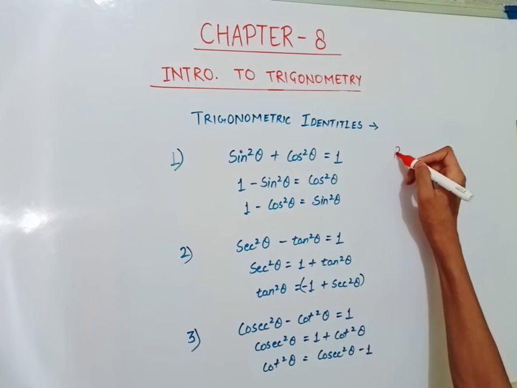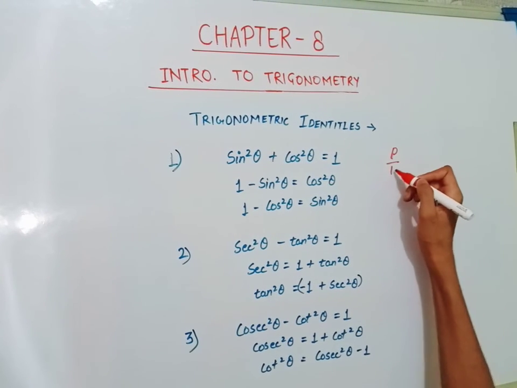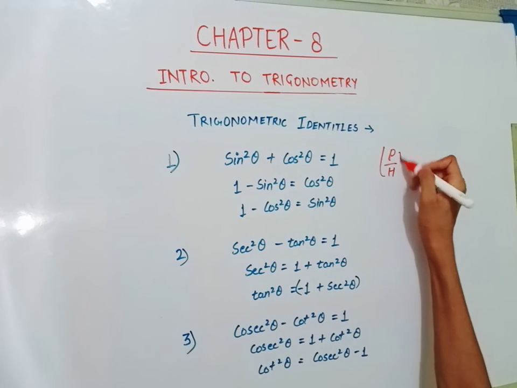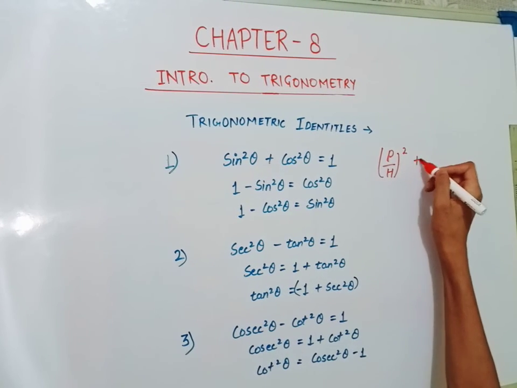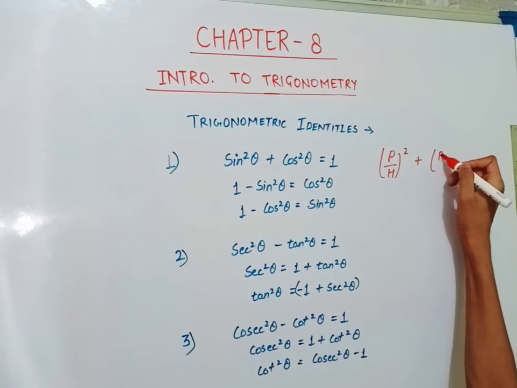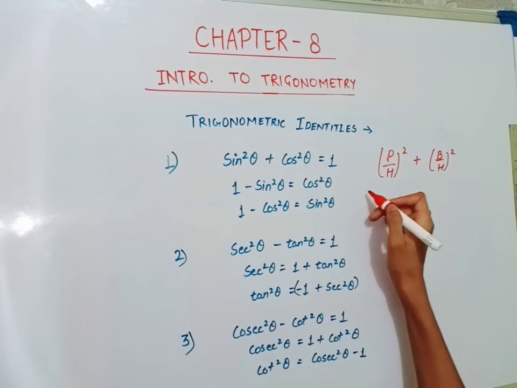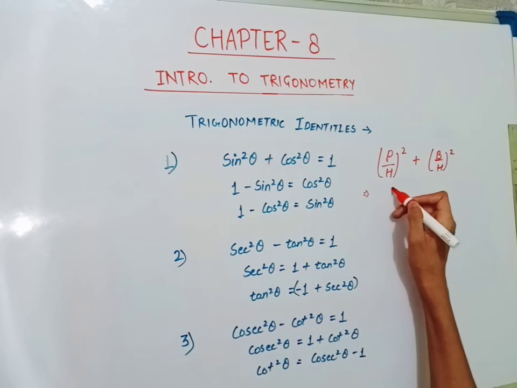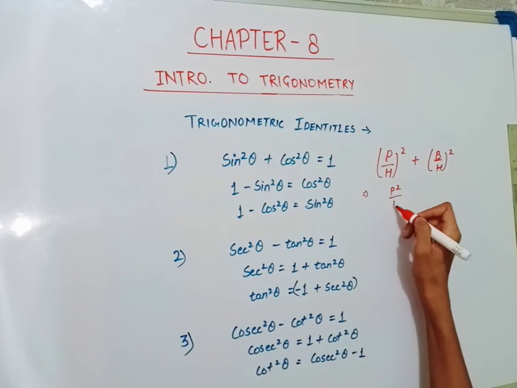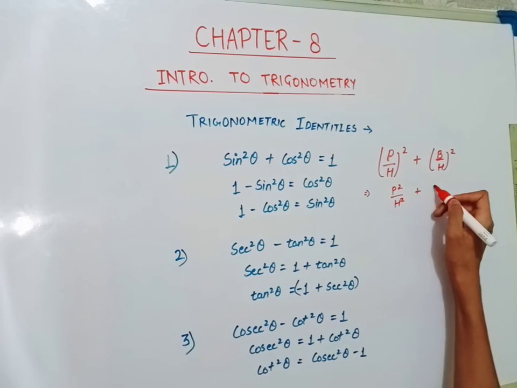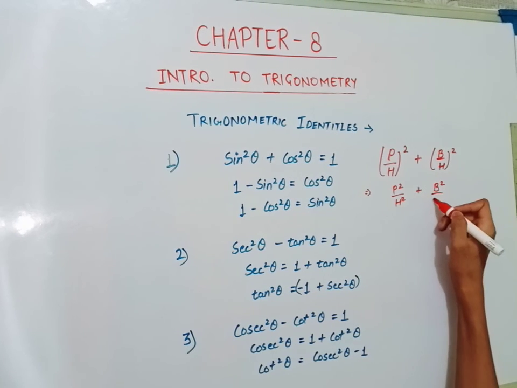How we will derive it? As sin theta is p upon h, so whole square, and cos theta is b upon h, so whole square of it. Now we will open the whole square, p square upon h square plus b square upon h square.